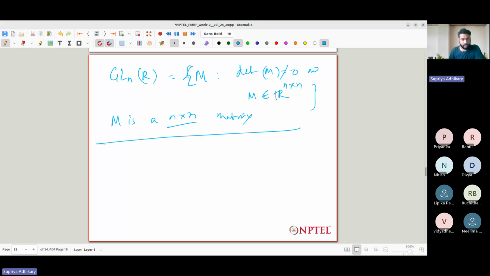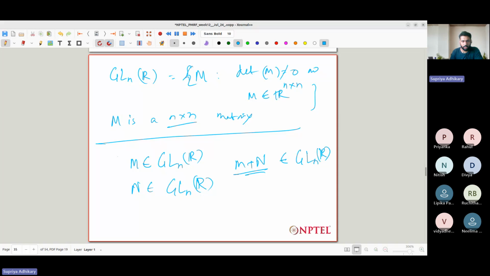Now, if we add any two matrices, M belonging to GLnR and N also in GLnR, then the sum will again be a matrix with each of the entries from the real number set, so that definitely belongs to GLnR.